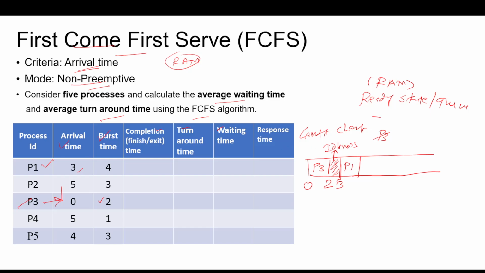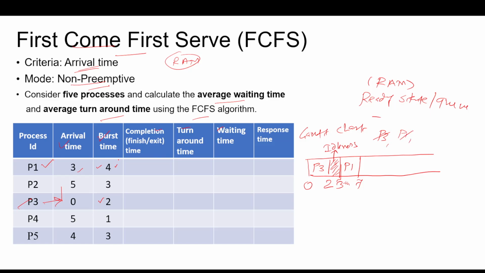For how much time? The burst timing is the time required by the process to complete its execution. So what is the burst timing for P1? It is 4. That means from 3 we execute the process for 4 units, that is 3 plus 4, which is 7. Now, while executing P1, has any new process arrived?